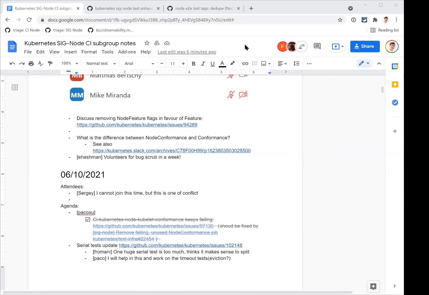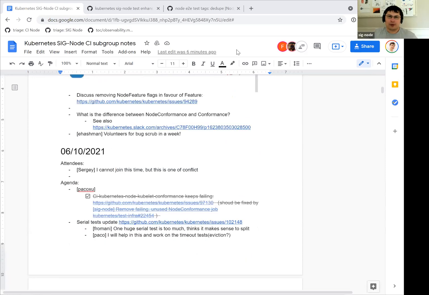So are we done with node feature versus feature? Do we want to move into that one? What I can do, on this issue, is just propose a plan for how to migrate, and if everybody is okay with that, we can execute. I would be very happy to see your plan. Okay. Action for Sergey.